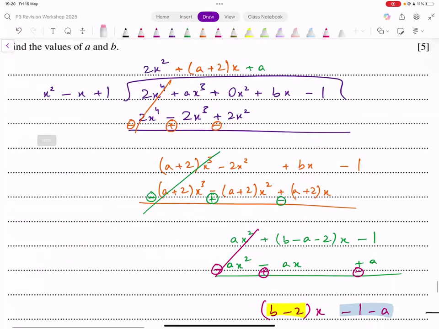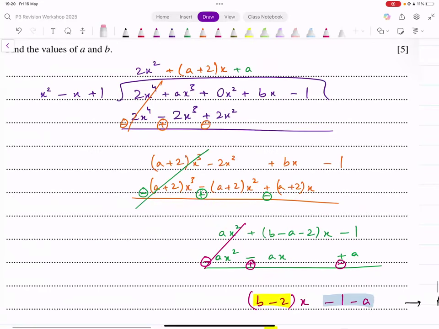In the previous step here, notice what I've done here. We had bx minus a plus 2, bx minus a plus 2. We had bx there and minus into a plus 2.